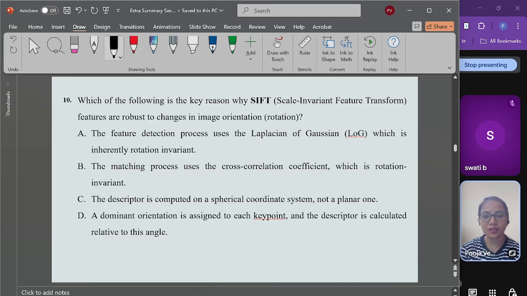Option C: the descriptor is computed on a spherical coordinate system, not a planar one. Option D: a dominant orientation is assigned to each key point and the descriptor is calculated relative to this single angle. Which option can be the correct one for this question? Anyone?